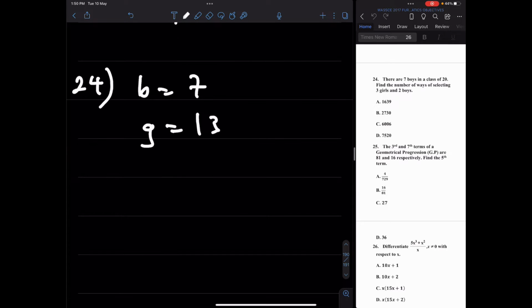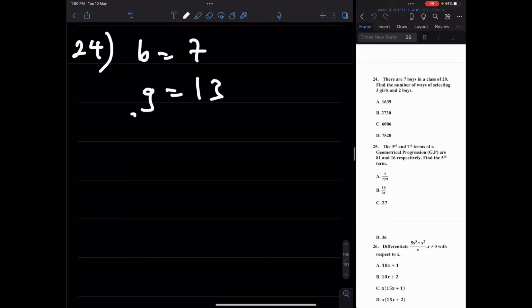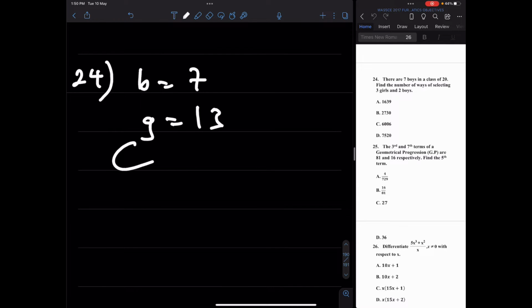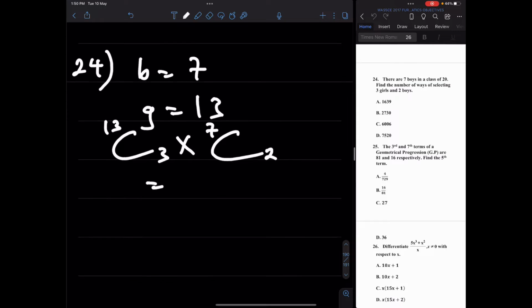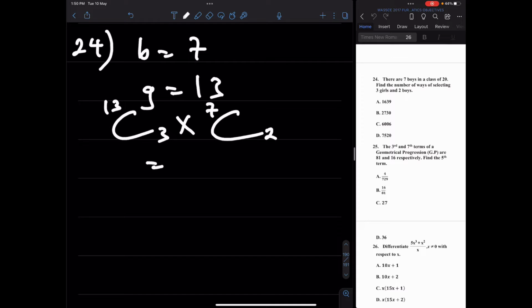So the number of ways of selecting 3 girls and 2 boys will be the number of ways of selecting 3 girls from 13 girls, that's 13 combination 3, and the number of ways of selecting 2 boys from 7 boys, which is 7 combination 2, and that's equal to 13 combination 3.